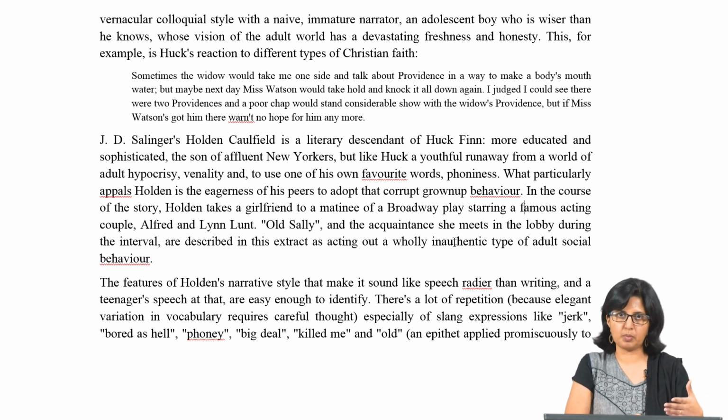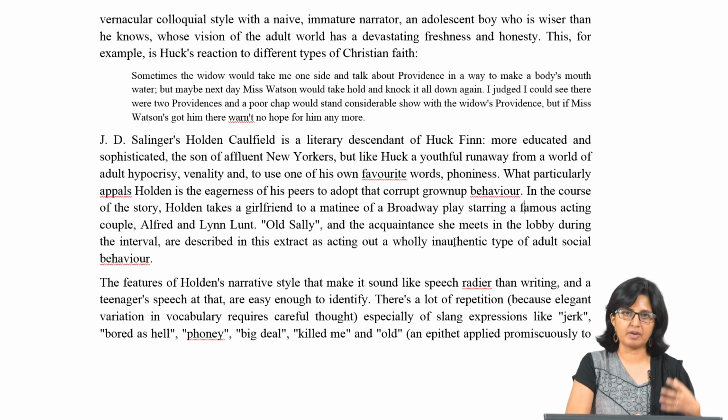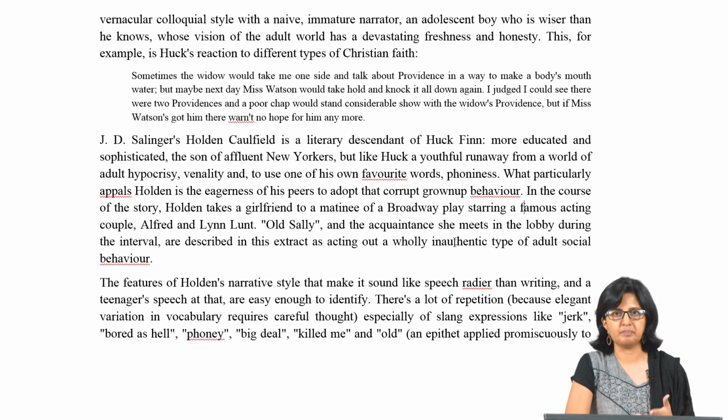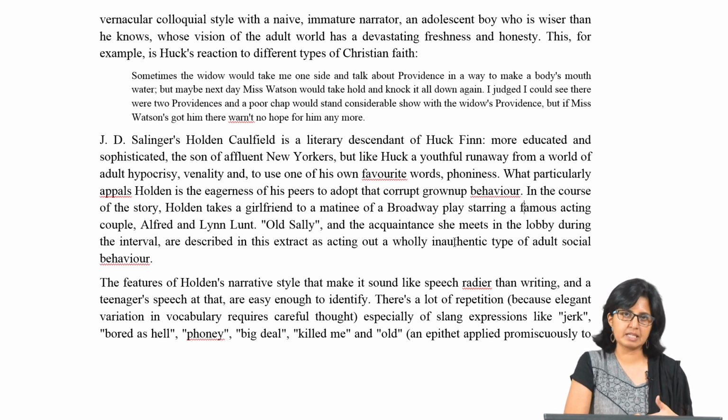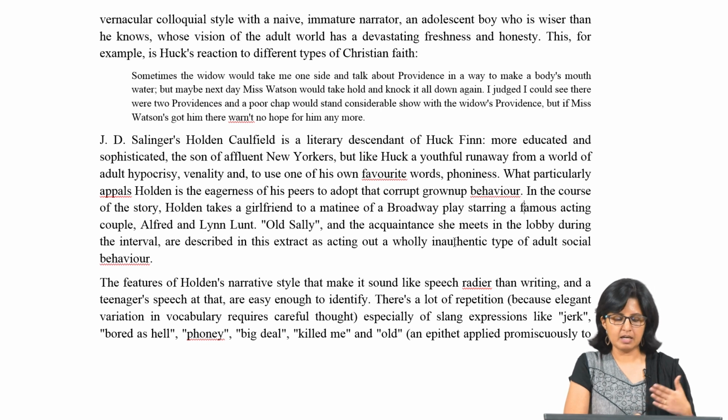He does not want to grow up. He wants to remain forever in the world that he is comfortable with. For the same reason, he's also most comfortable with his younger sister, Phoebe. And he is resisting the process, the growth towards maturity, and that makes him an unusual protagonist for a Bildungsroman.